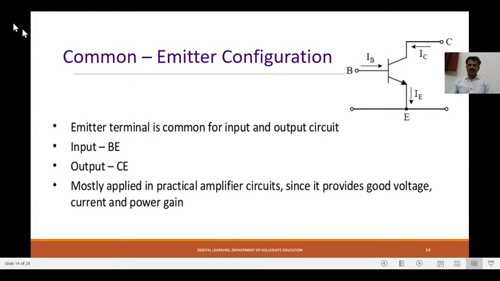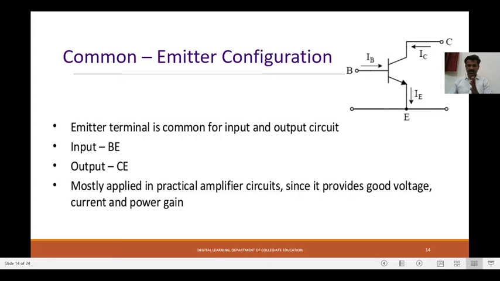And in the case of the common emitter configuration, the input is the base-emitter region and the output is the collector-emitter region. Here the emitter is common for both input and output. And this common emitter configuration is mostly applied in all practical amplifying circuits because it has a good voltage gain, current gain or power gain.